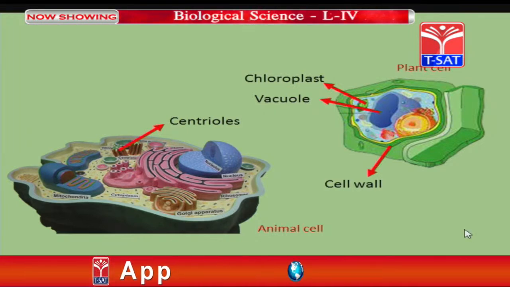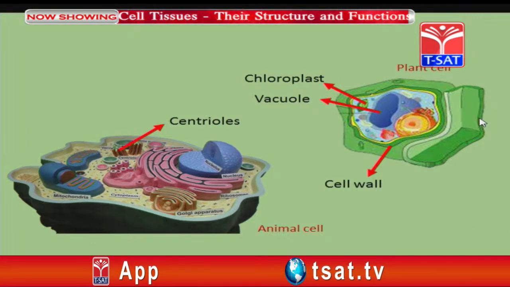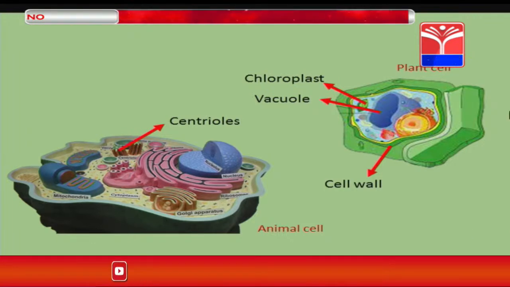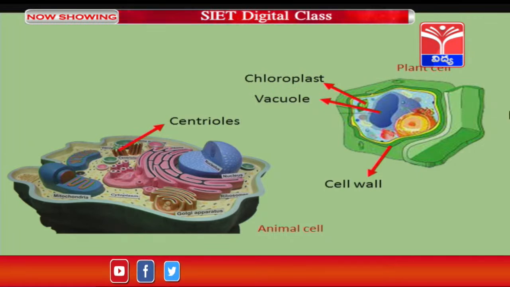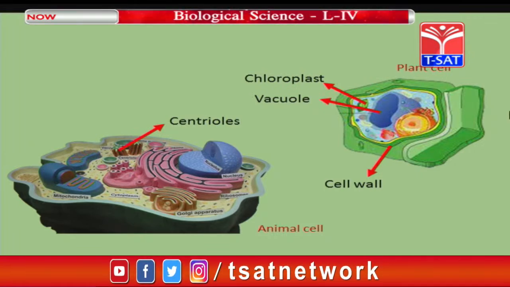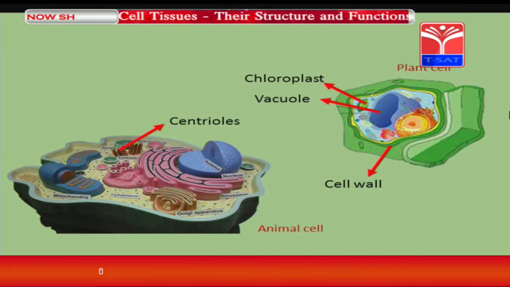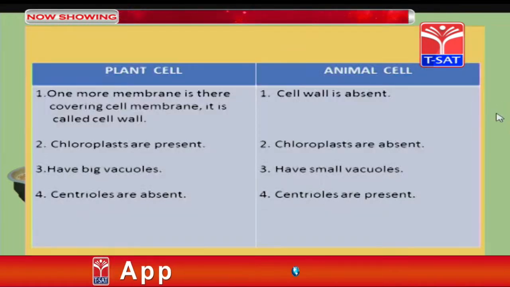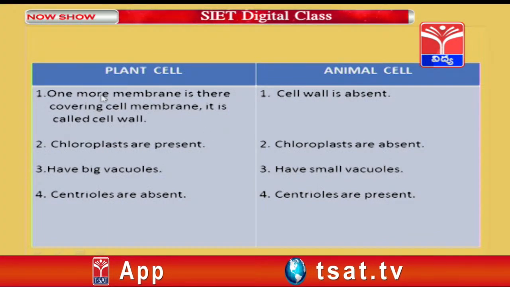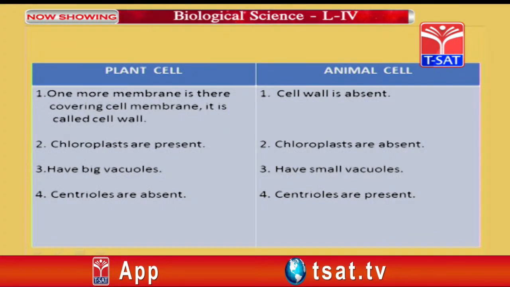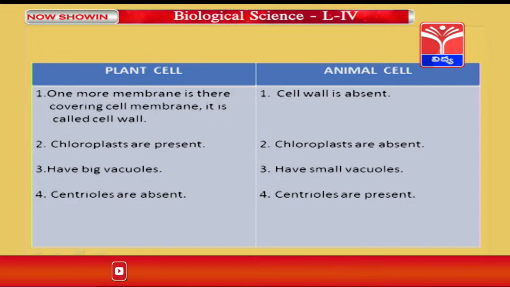We have seen that organisms are made up of cells. Now children, we know that animals and plants are made up of cells. Now let us see, are there any differences between animal cell and plant cell? In the plant cell, one more membrane is there covering the cell membrane, it is called the cell wall.